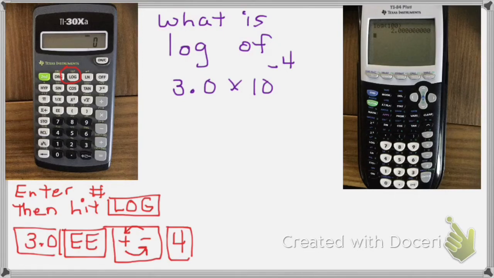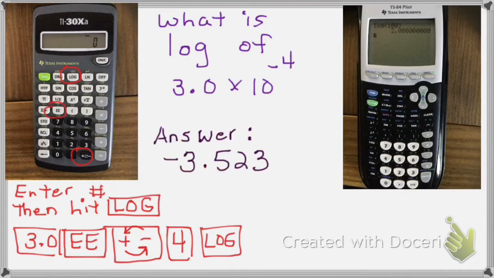So for the example here, we would hit 3.0, then our EE button, then change sign, and then 4. Then we would finally hit the log, and we would get minus 3.523. So with the simpler calculator here, first you're hitting the number and then the log button.